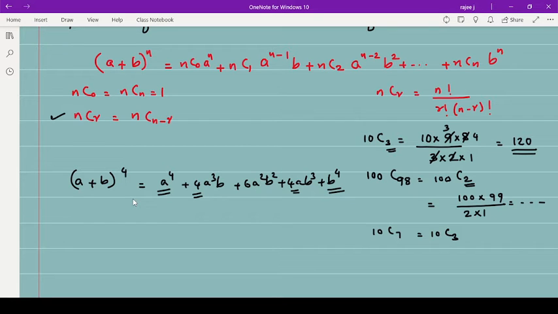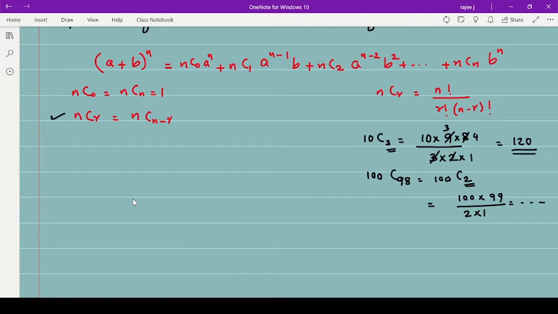Now this is 4C1, this is 4C3, and this is the middle term. In a binomial expansion, the first and last, second and second last, third and third last terms will have the same coefficients. That is a technique we use in the binomial theorem formula.